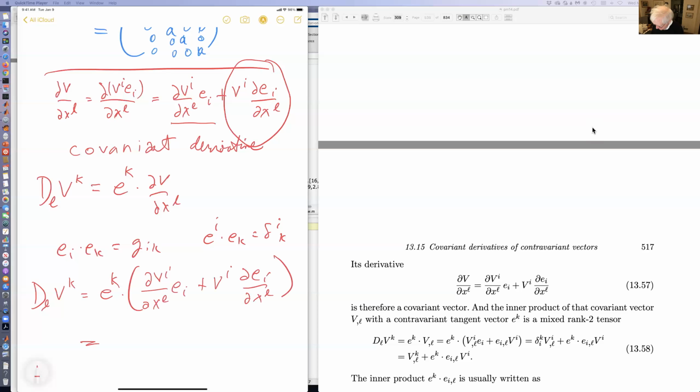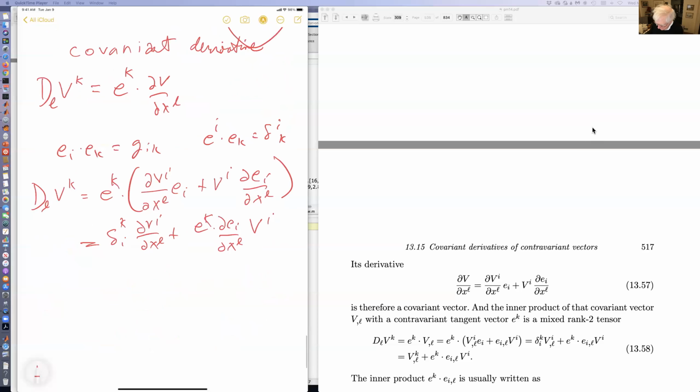And this with this is a delta function, so this is delta Ki. And what's left here is EK dot partial EI partial XL times VI.